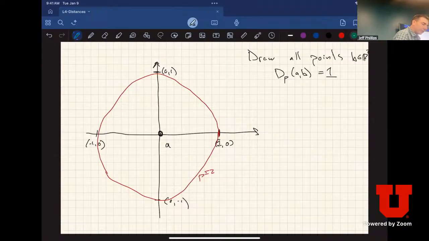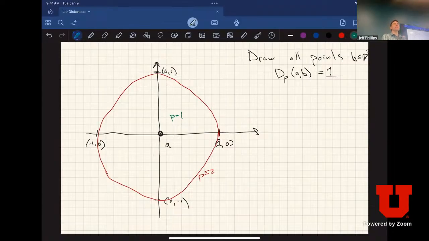What if I do p equals 1? What happens with the L1 distance now? What do you guys think? So tell me one point that's an L1 distance of 1 away.